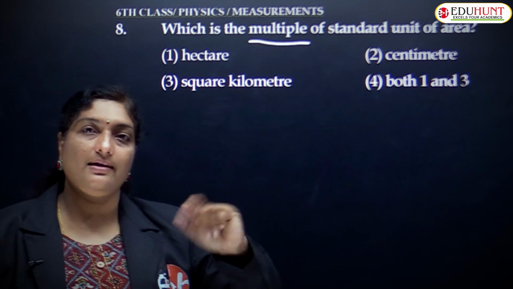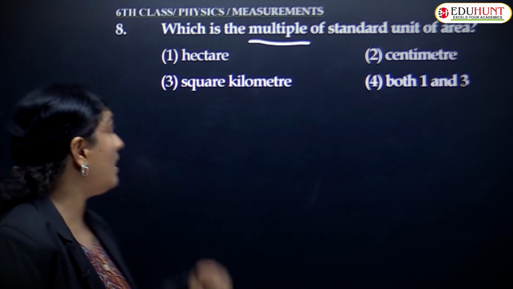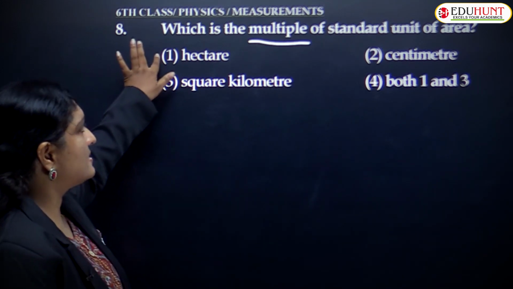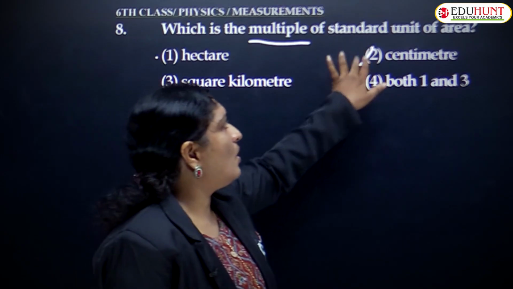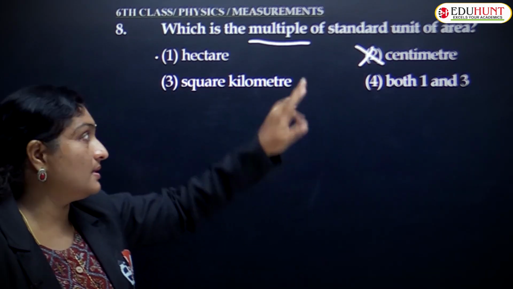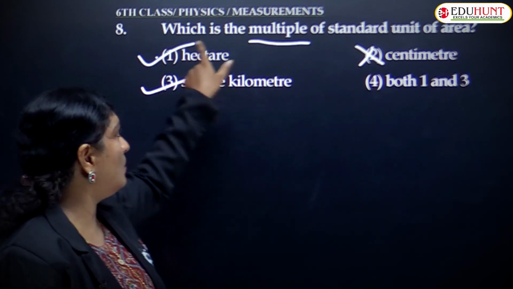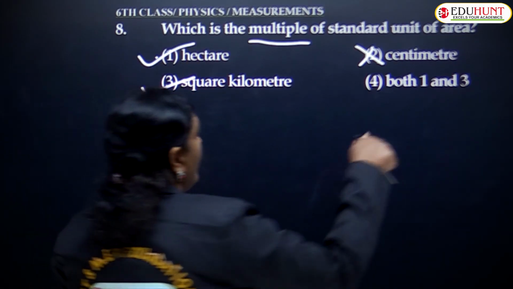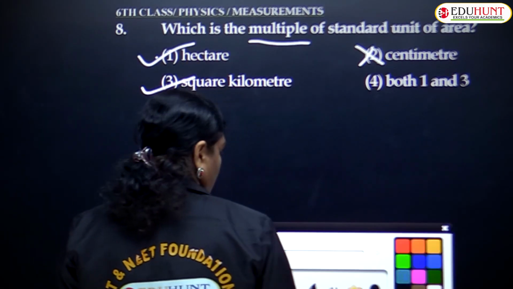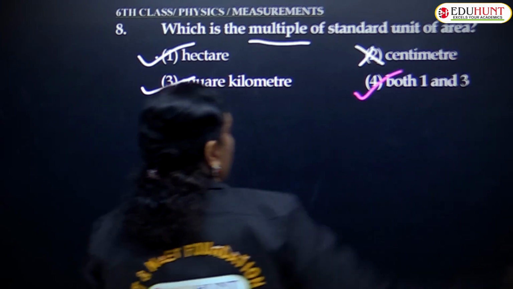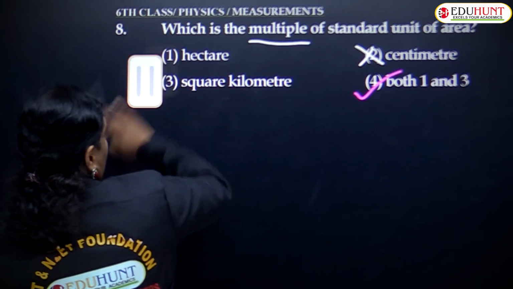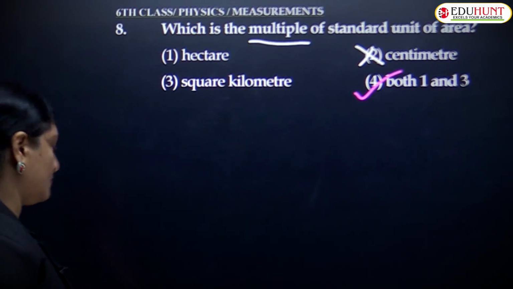Now a larger value, more than meter square. Hectare is larger, centimeter is smaller, which is a sub-multiple. Square kilometer is also a larger value. So both 1 and 3 are true. Hence, the fourth one is the right answer.